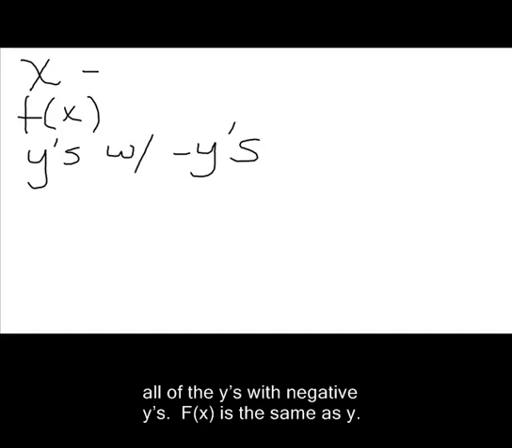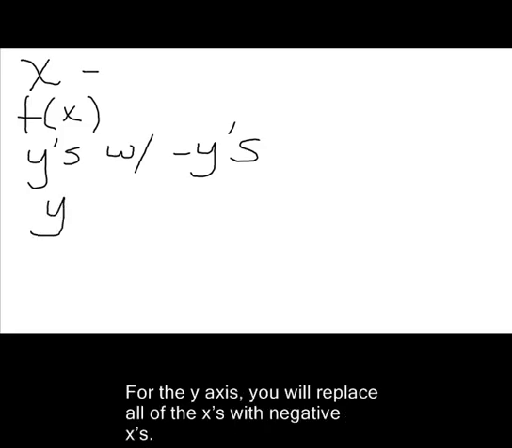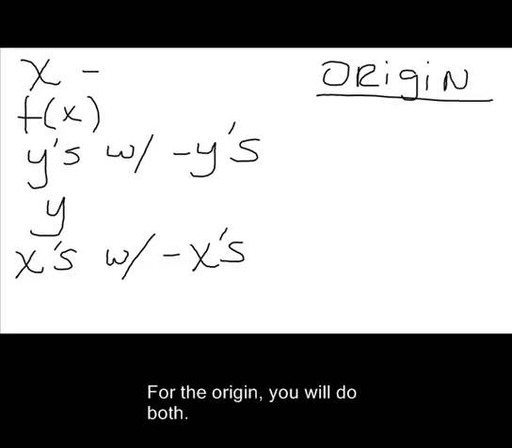If you're trying to find symmetry with respect to the y-axis, you will replace all the x's with negative x's. If you're trying to determine symmetry about the origin, you will do both. You will replace the x's with negative x's and the y's with negative y's.